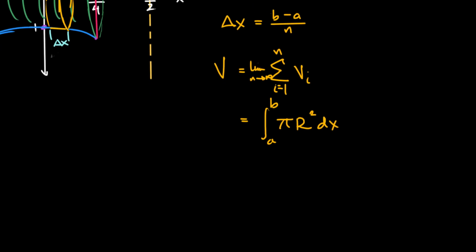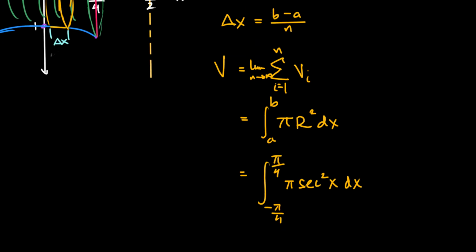In our particular case, we can fill in what a, b, and r are. So a, the starting point, is negative pi over 4. B is pi over 4. And as we already stated, r is the secant of x. And so we have the secant squared of x dx.